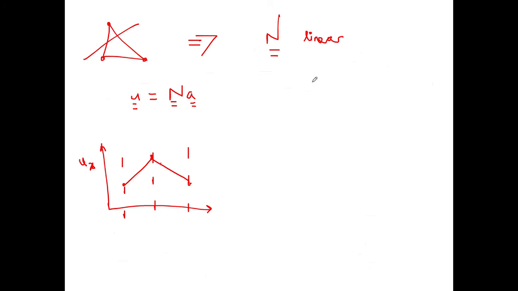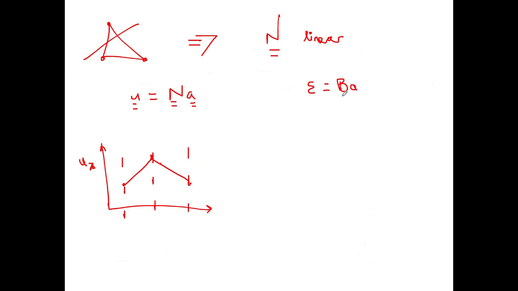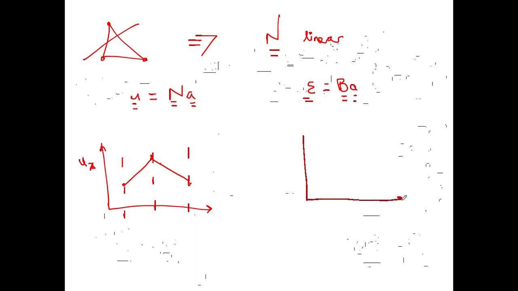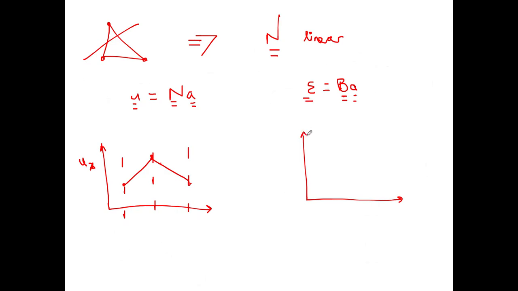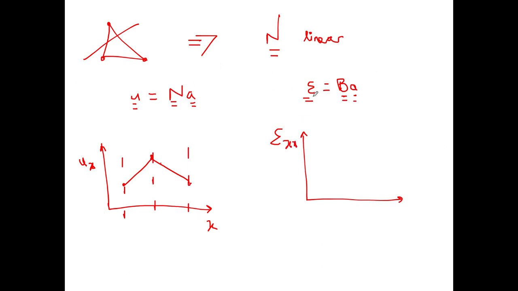Now let's look at strain. So if I have strain which is B multiplied by a, again matrices and vectors, then plotting one of the strain terms, let's say I'm plotting epsilon xx. Note that there are two other ones, there is also epsilon yy and epsilon xy.